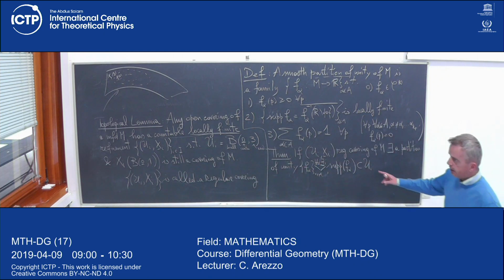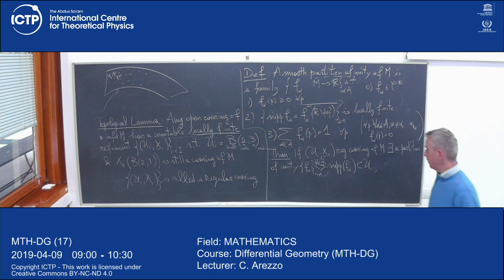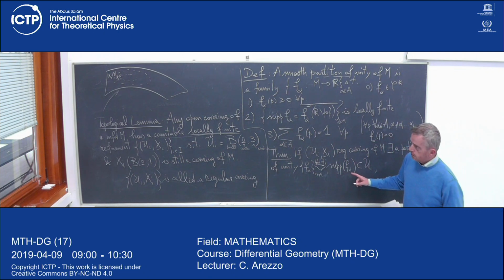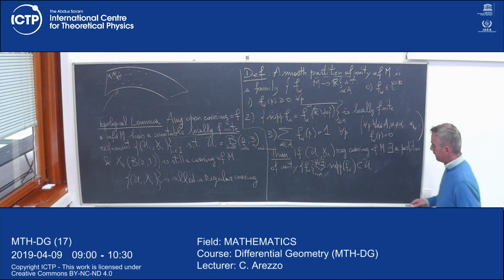And in fact, being regular, since I gave all these names to the balls of radius 3, balls of radius 2, I can actually construct it with a bit more. This would tell me that the support is contained in the ball of radius 3, but I can be even more precise.